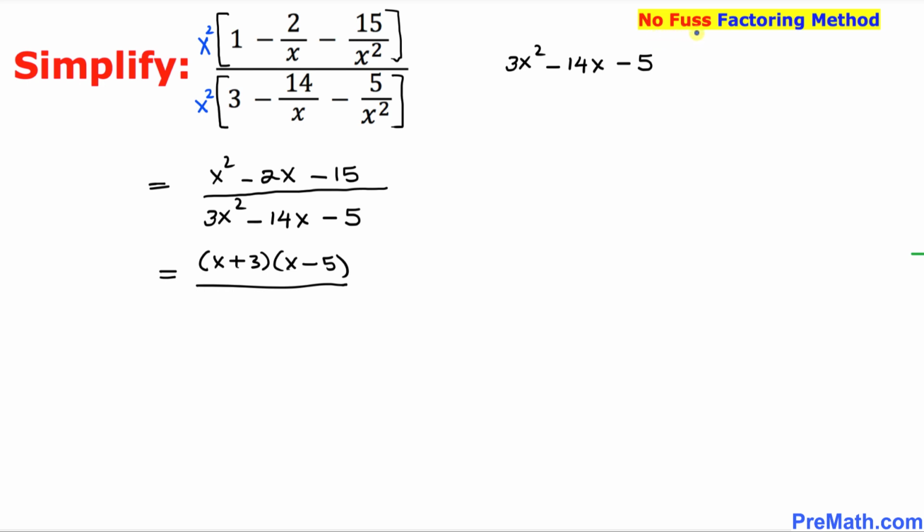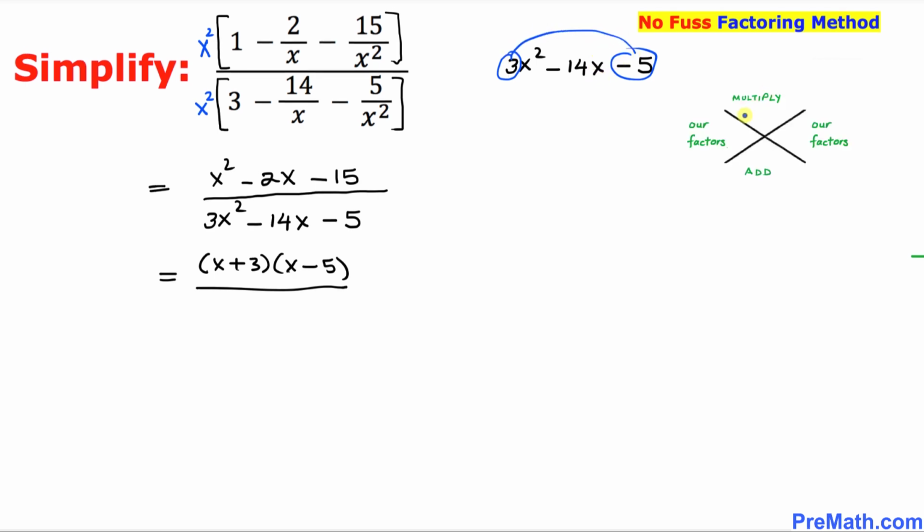It is called the no fuss factoring method, and that's the way I am going to show you how to factor this expression. The very first thing we are going to do is multiply these end numbers. 3 times negative 5 is going to give us negative 15 on the top of this x factor. Let's focus on the middle part, the coefficient of x, which is negative 14. That is going to show up at the bottom of this x factor.